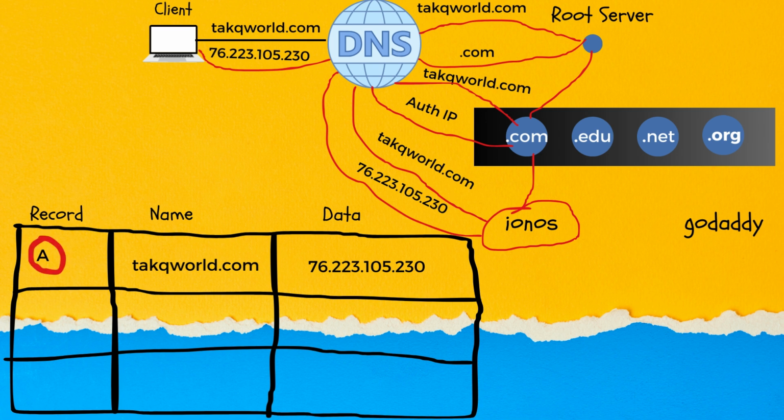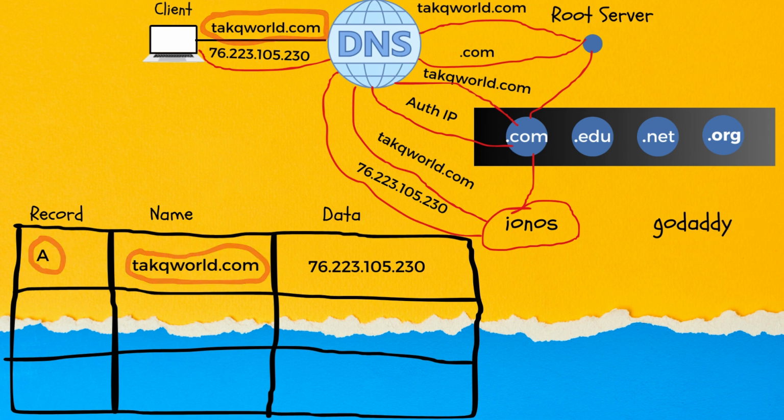Let's check the record type entries inside the DNS of the Ionos server, starting with the A record. An A record, or address record, is a type of DNS record that maps a domain name to its corresponding IPv4 address. This is how the internet knows where to direct traffic when a user types in a domain name.